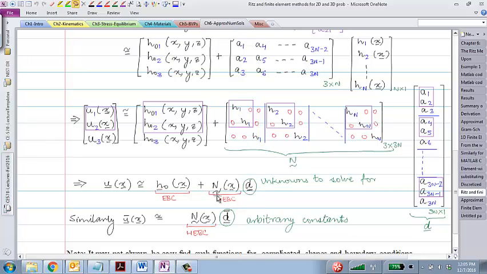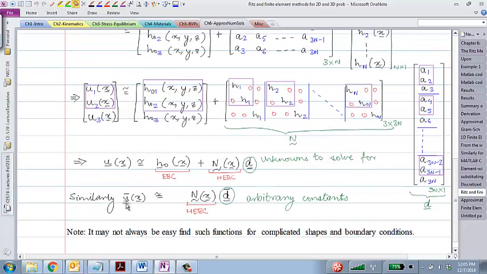So N times d, once again, is the approximation for displacement. Similarly, u bar, virtual displacement, is just N times d. There is no H0. Why? Because virtual displacement is supposed to be 0 wherever real displacement is specified, right? So that's why we don't. This is also the case that we had in the 1D Ritz method that we covered a couple of lectures ago.